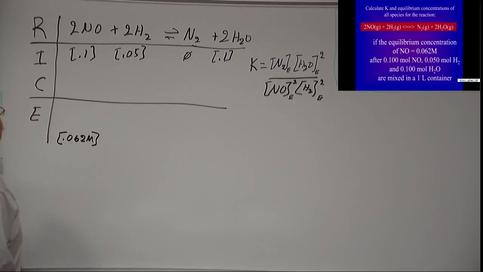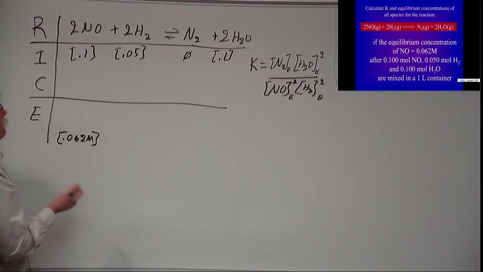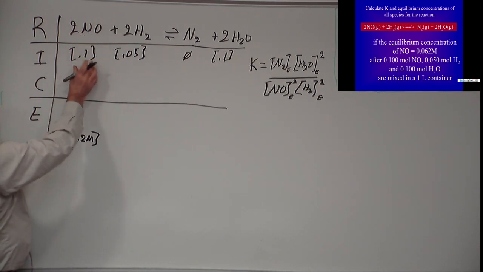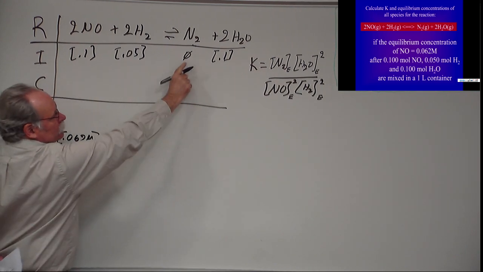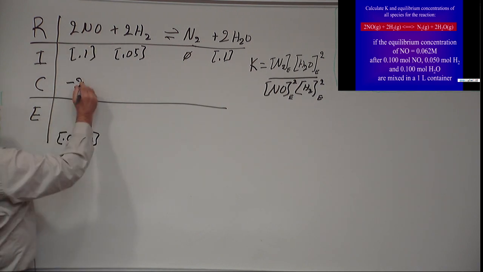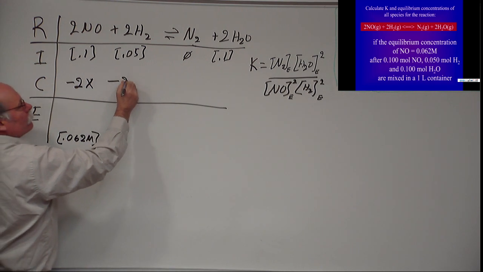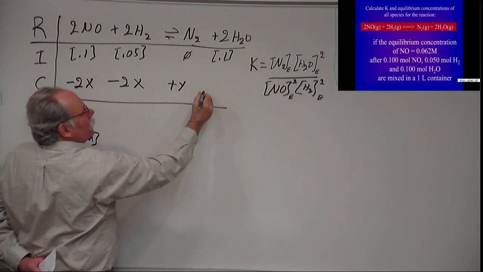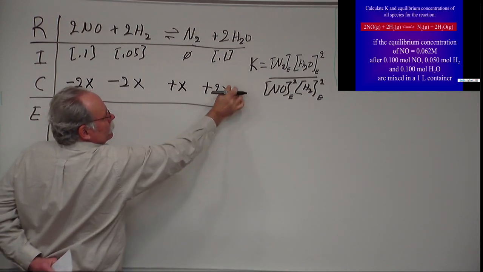Now, when I look at the change, I'm asking myself, how far from equilibrium are we? Every time this reaction moves in this direction, and we know it must move in this direction because we have a 0 there, we consume 2 of these, and I'm going to call it X, where X is the extent of reaction, we also consume 2 of these, we make 1 of these, and we make 2 of these.